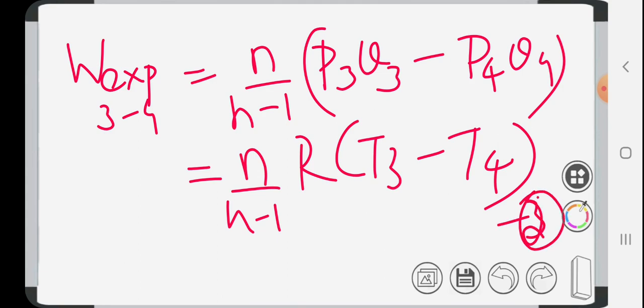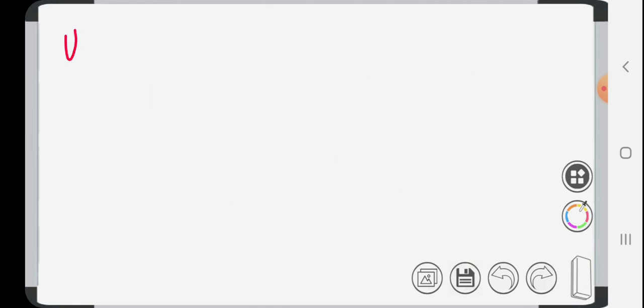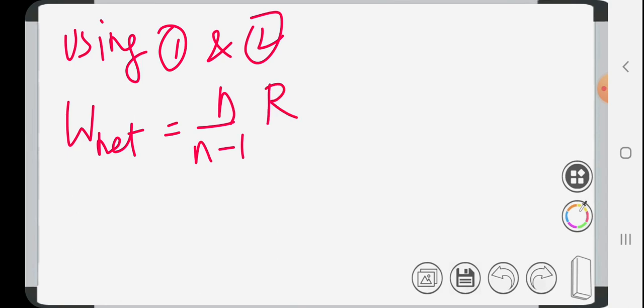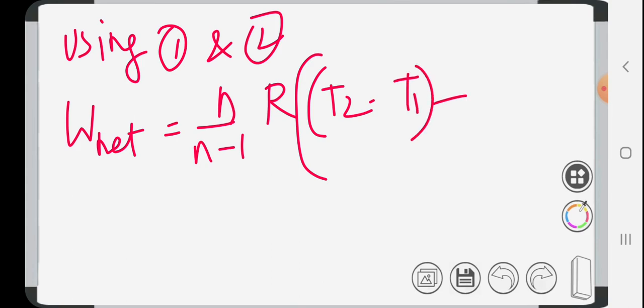Okay, so using 1 and 2, you can write net work as n by n minus 1 into R into (T2 minus T1) minus (T3 minus T4).